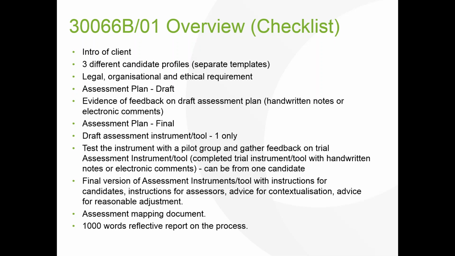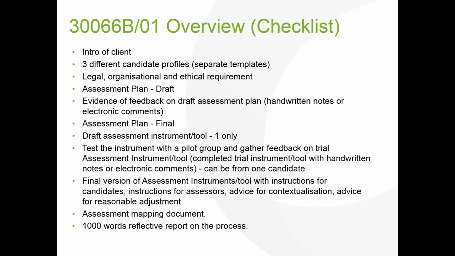There must be handwritten notes on it. It must be a completed assessment instrument. That's where you can say it's trialed. Then you would come up with a final version of the assessment instrument with instructions for assessors, instructions for candidates, advice for contextualization, and advice for reasonable adjustment.